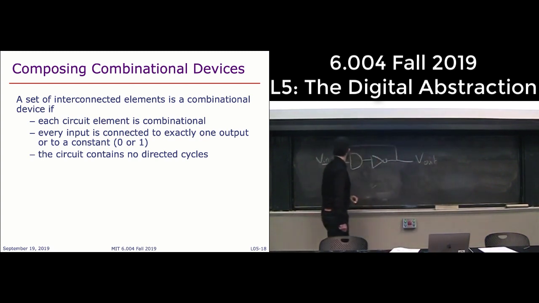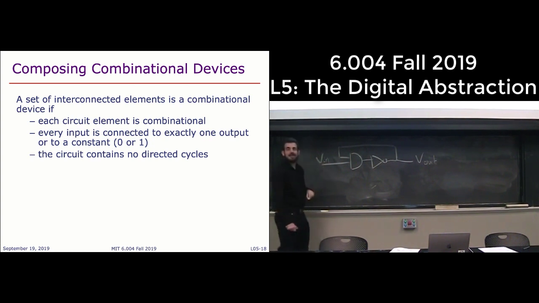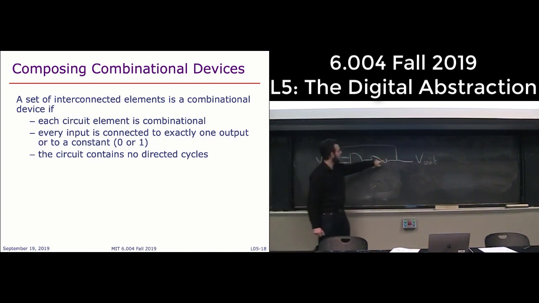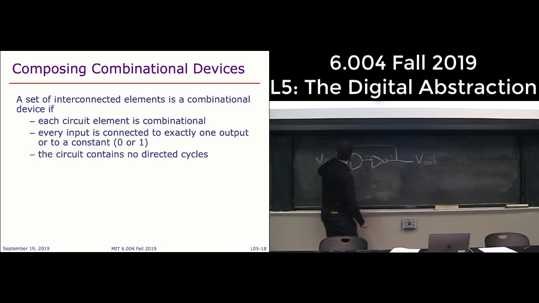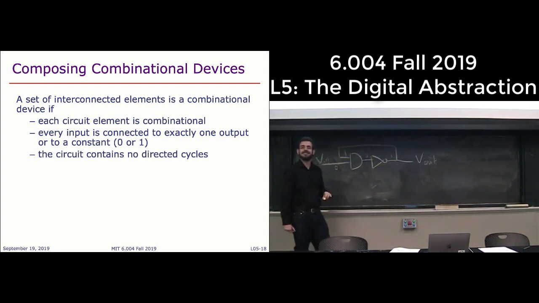Okay? So suppose that I have this circuit. It has a loop. Initially, I have a 0 here and a 0 here. So this is a 0. This is a 1. This is a 1. Fine. Even if you have a 0 and a 1, you have a 0 at the output.